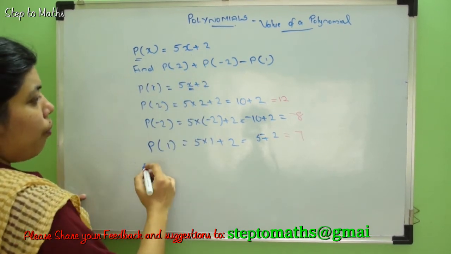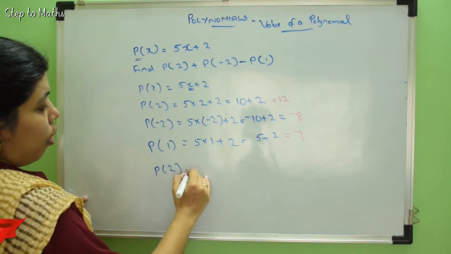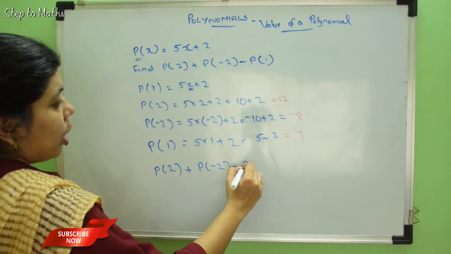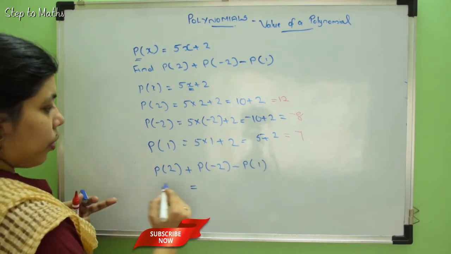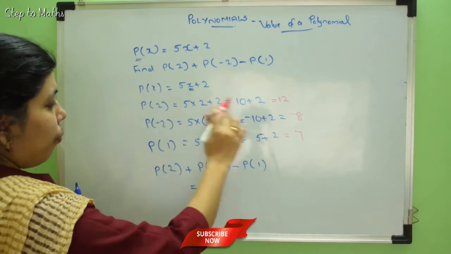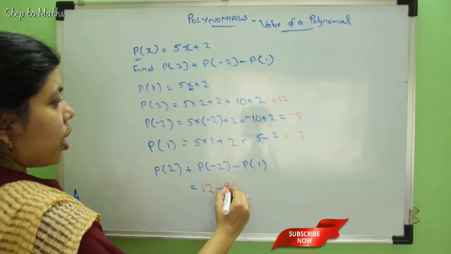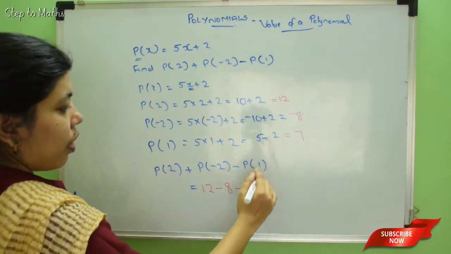So, the value of p of 2 plus p of minus 2 minus p of 1 equal to: p of 2 is 12, p of minus 2 is minus 8, p of 1 is 7.